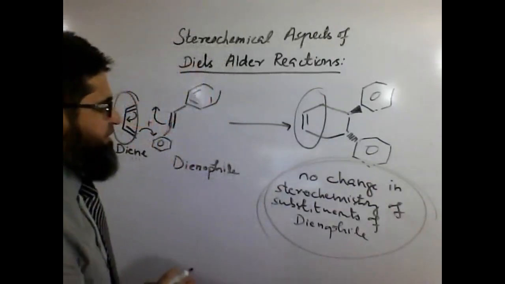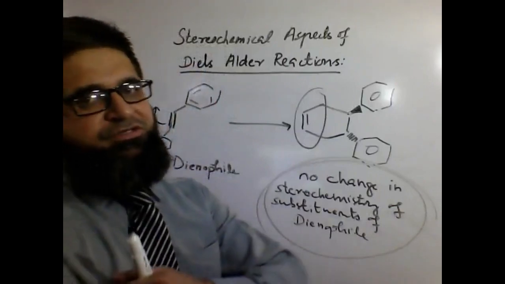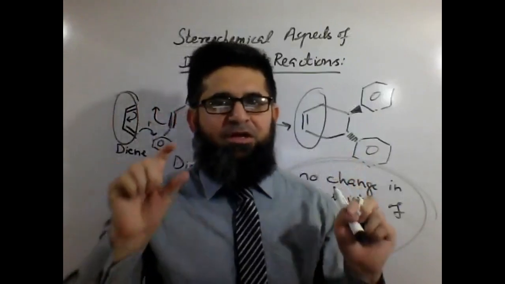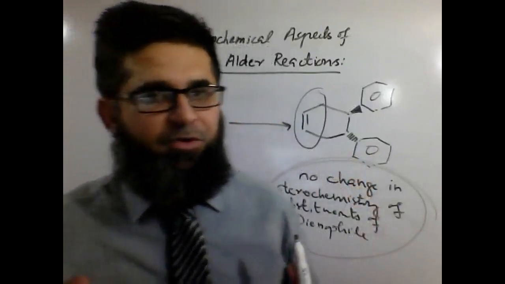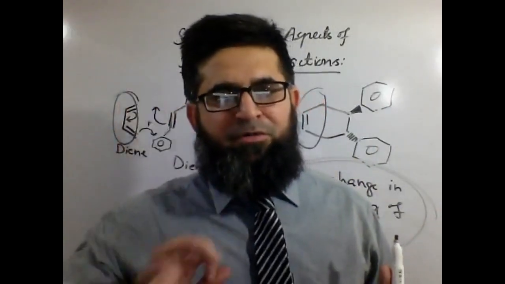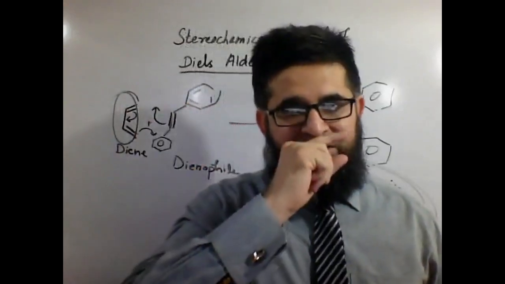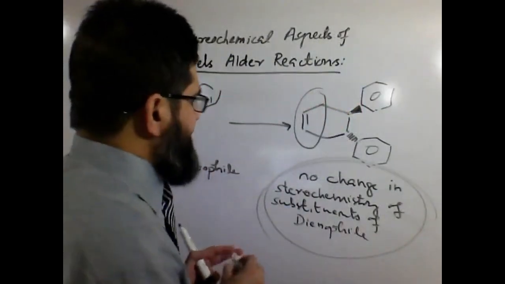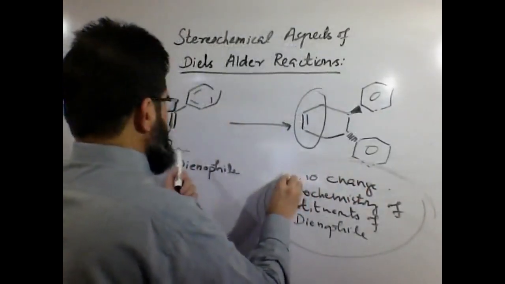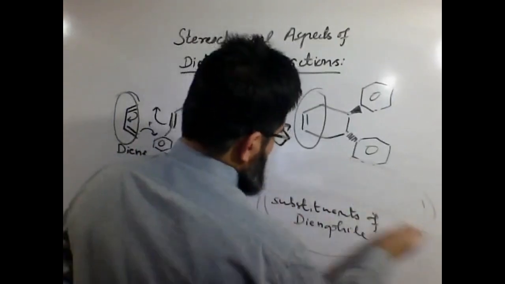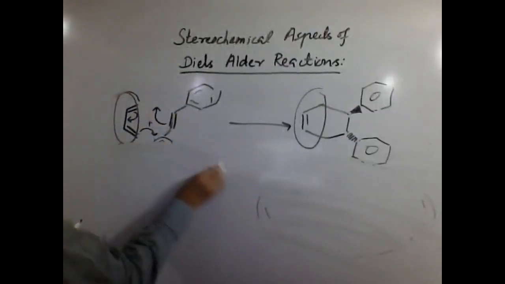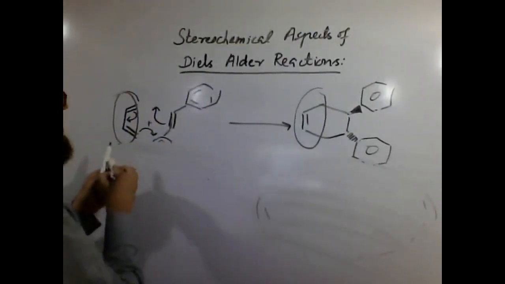How do we show them? If you want to show cis isomerism, we need to keep both bonds in the same form, either both bold or both dotted. It means it's cis. If we write one as bold and the other as dotted, then they are in the trans form, meaning the dienophile is a trans isomer. So this is how we need to write. This is the stereochemistry and its effects on the product.